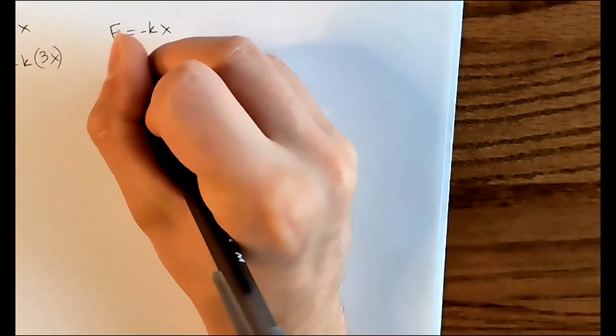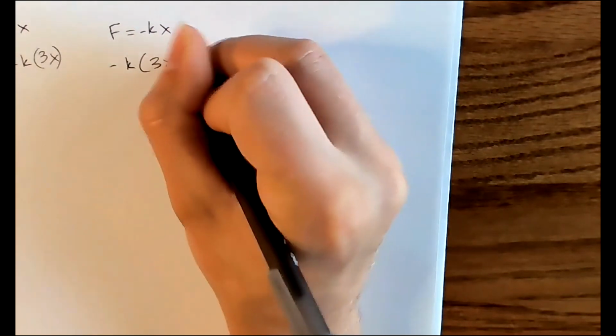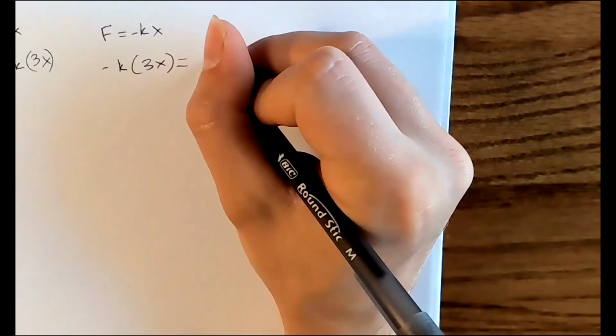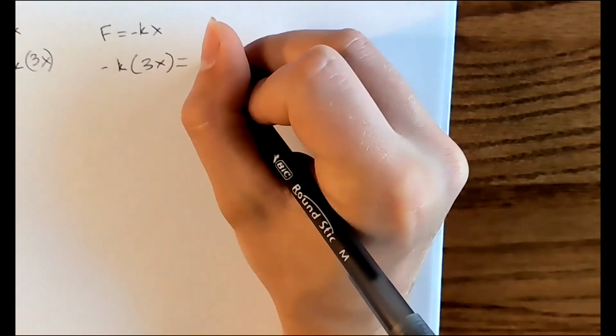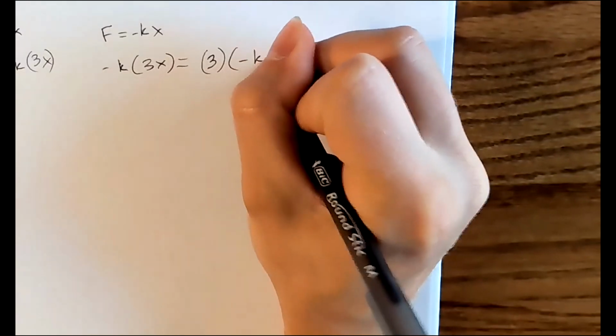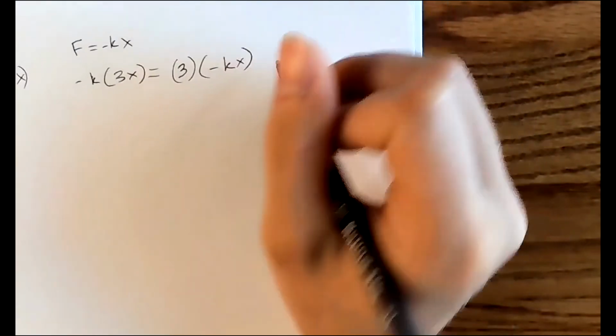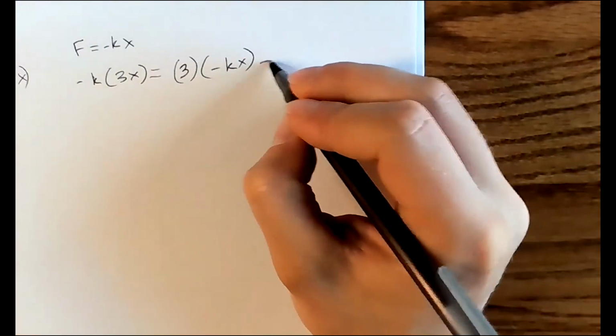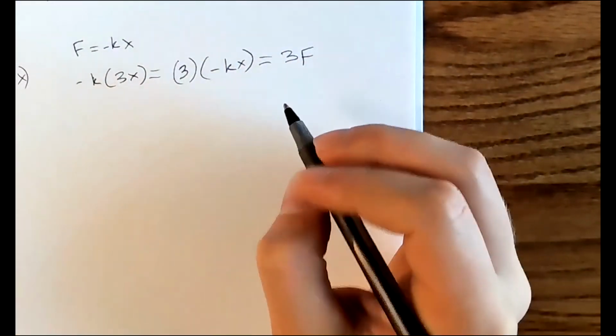you have negative k times 3x, you can move that around. That will give you 3 times negative kx. And then since negative kx equals F, 3F.